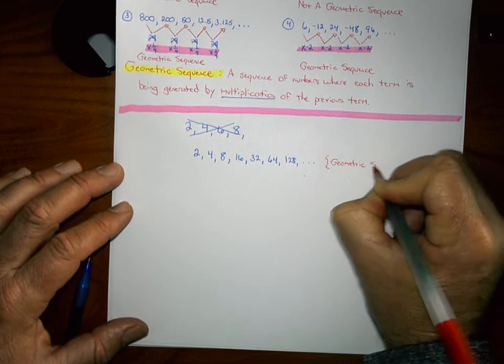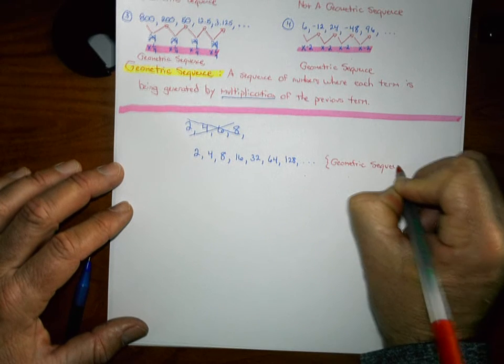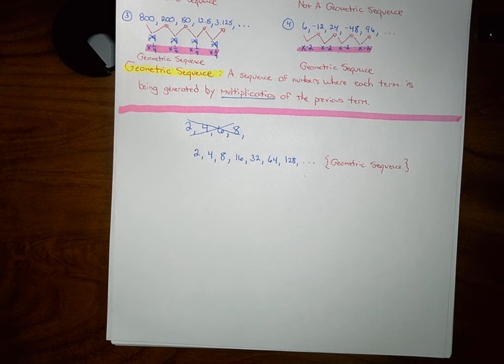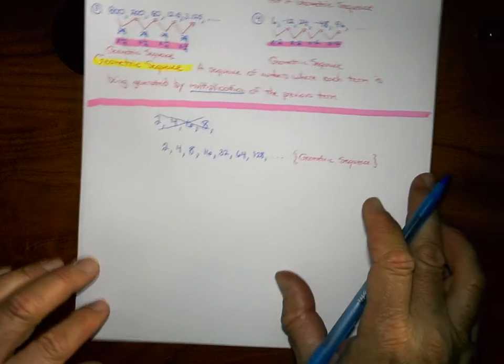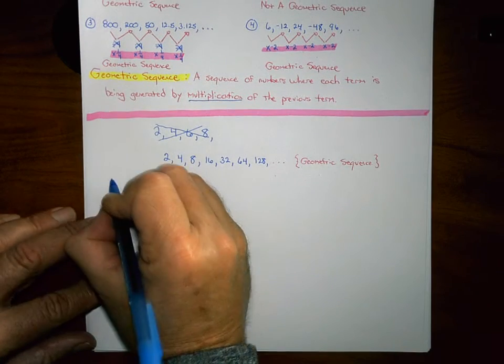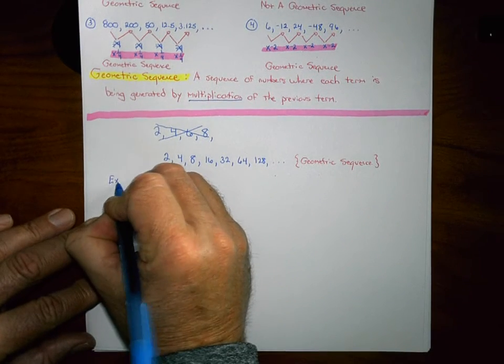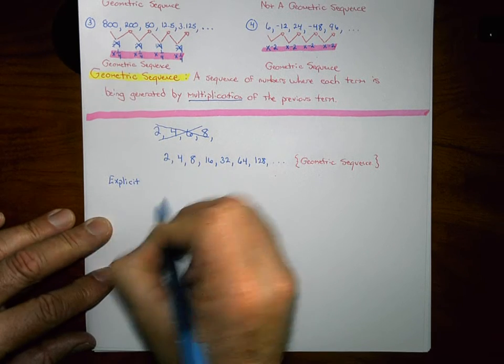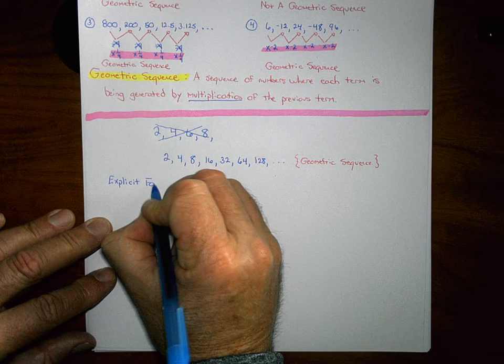Okay, now when we talk about a geometric sequence, there are 2 formulas that pertain to a geometric sequence. There is a formula which we call the explicit formula, spelled E-X-P-L-I-C-I-T.